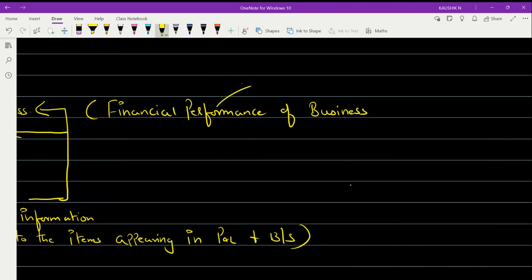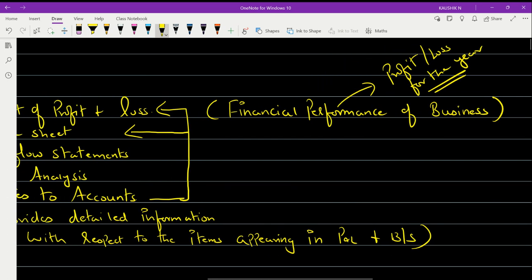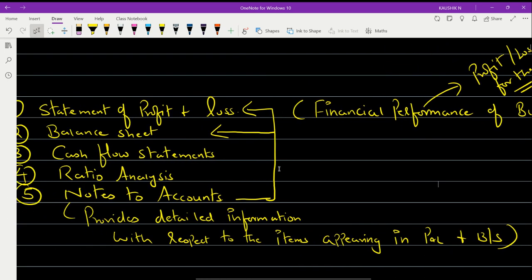Performance is nothing but either the profit or the loss for the year. So this is the performance of the business. Either you will end up in a profit or a loss. That will be measured as business performance by preparing the statement called P&L.